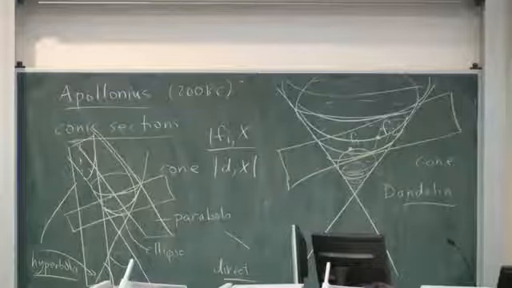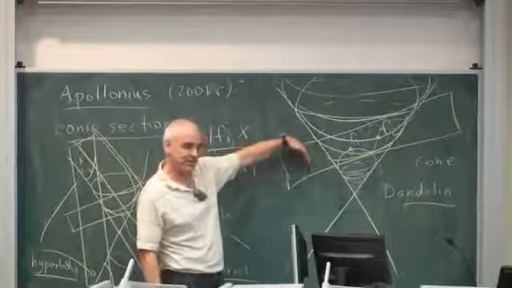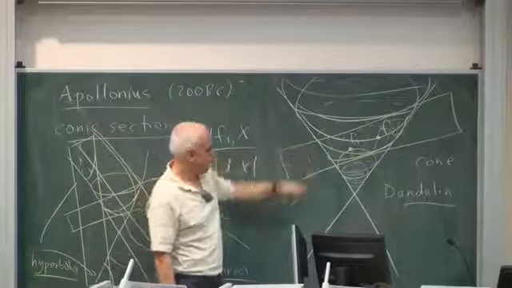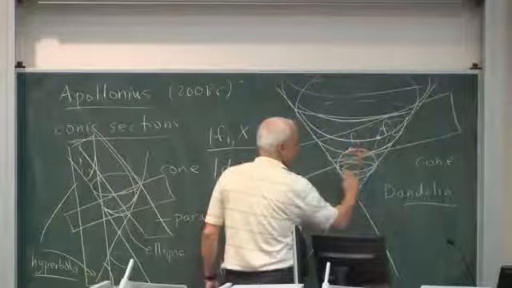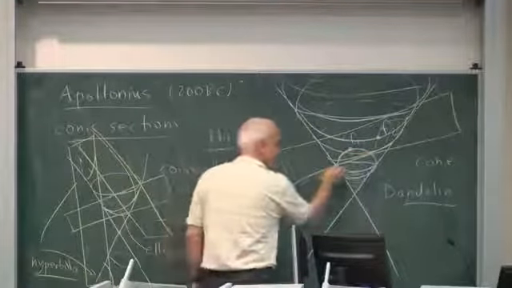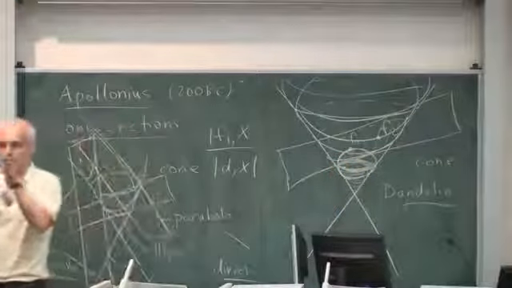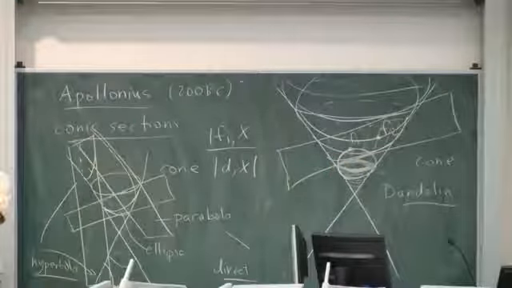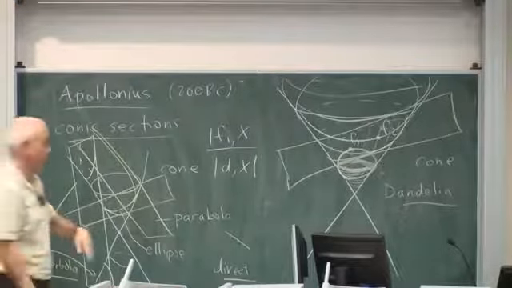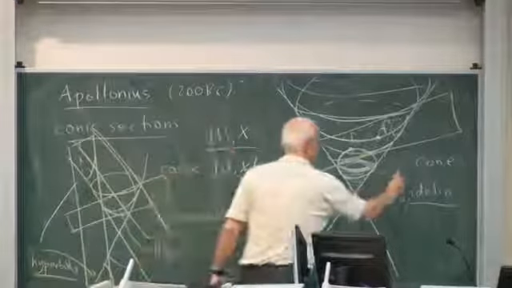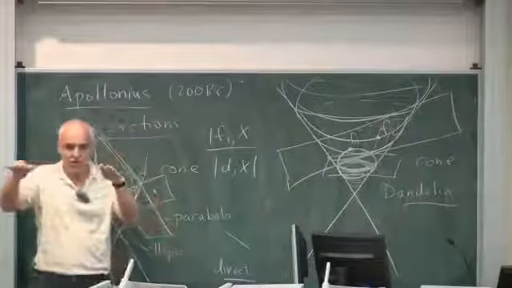And where is the directrix? Remember, there was also a line outside the... Well, if you take that sphere that touches it on the bottom, that sphere touches the cone at an equator. If you look at the plane through that equator, that's like a horizontal plane.